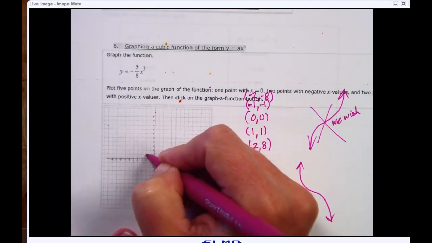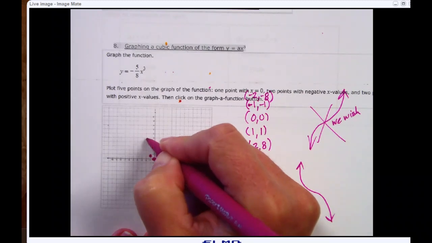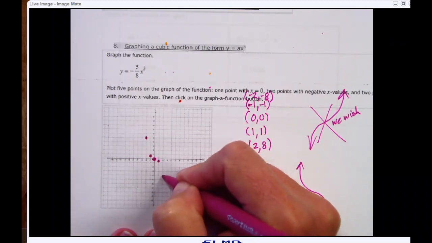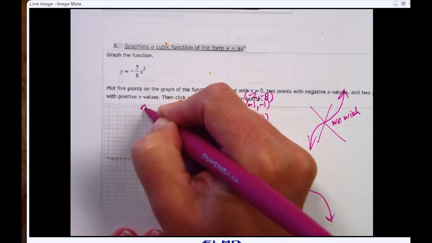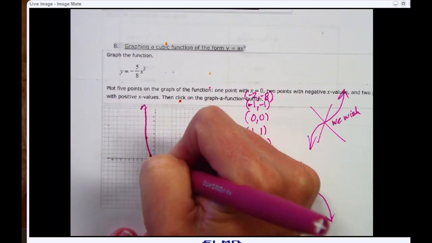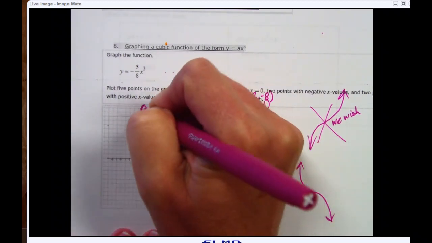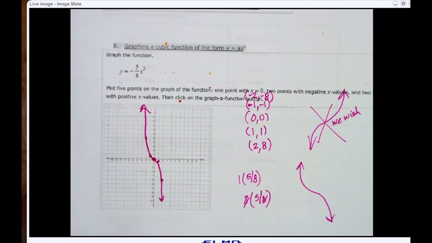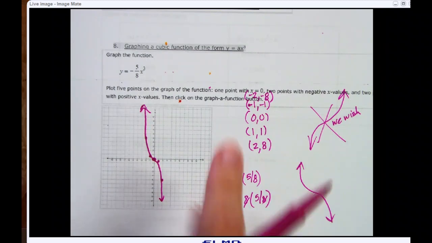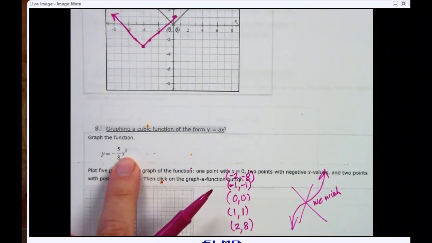So over to 1, 2, 3, 4, I think that's 5 right there. And then on the other side, that's 5. Okay. Wait, why is it 8? Ah, okay, because if I plugged in 2, 2 cubed is 8. That's a really good question.